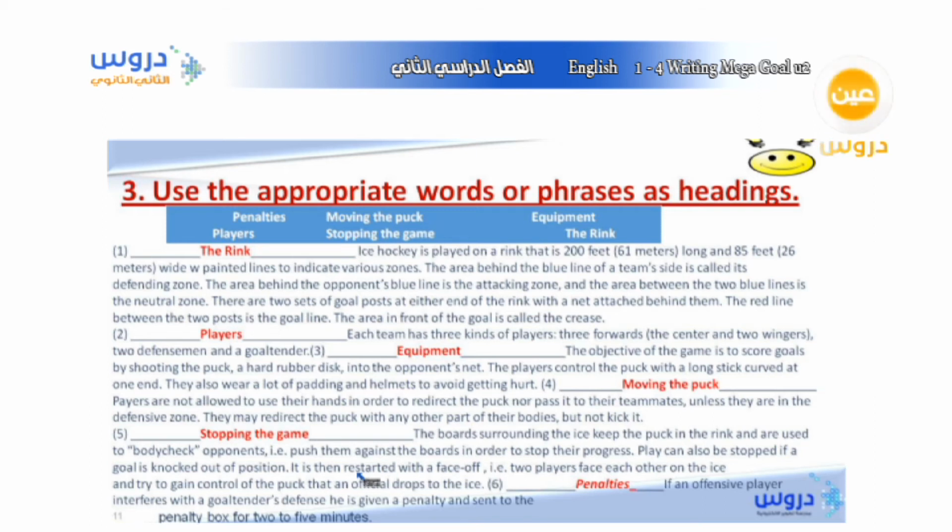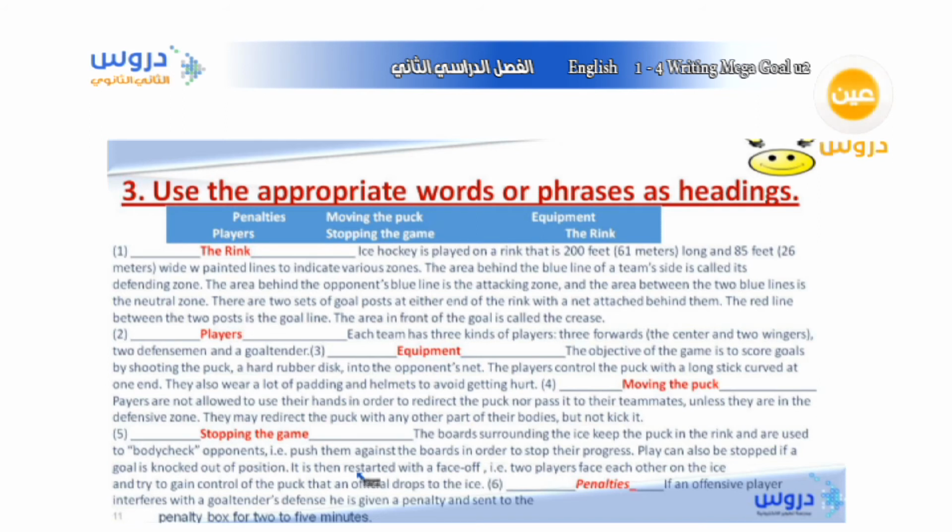Okay, here we have equipment, the tool that they can score goals by shooting. Here circle this word, by shooting. Equipment by shooting. Okay, here moving the puck. Actually, this is the instructions of moving the puck.